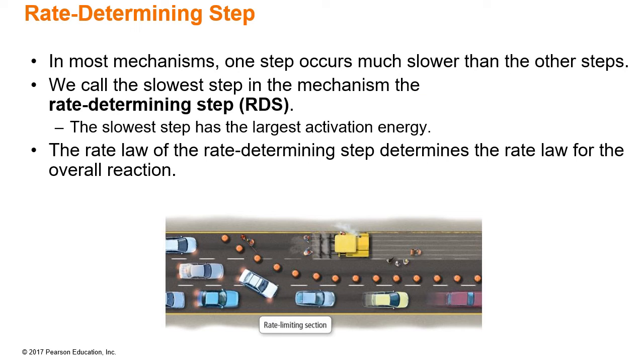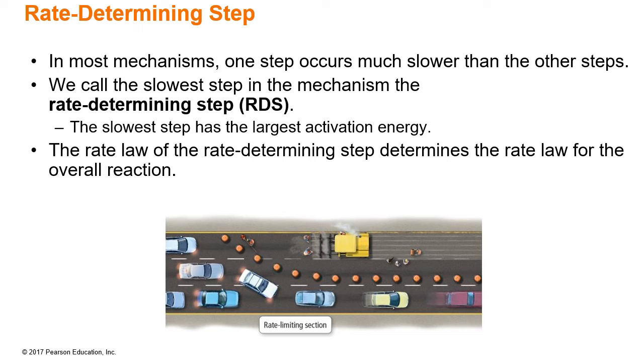In most of our chemical reactions, one of these elementary steps in our mechanism is much slower than the other steps. We call this slow step in the mechanism the rate determining step, or RDS. It has the largest activation energy, and so the least amount of molecules make it over our energy barrier to make the products.